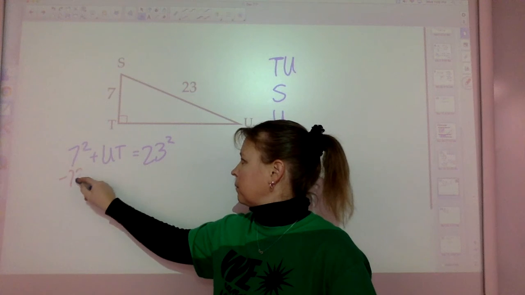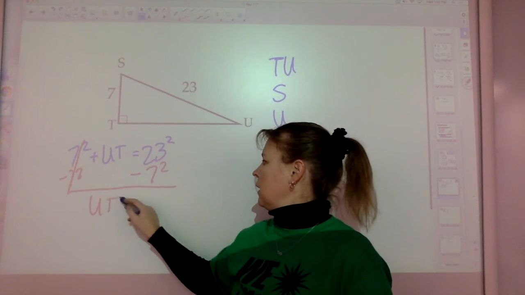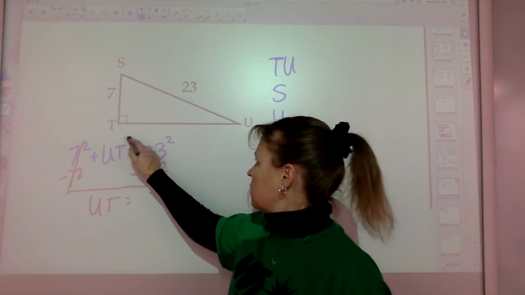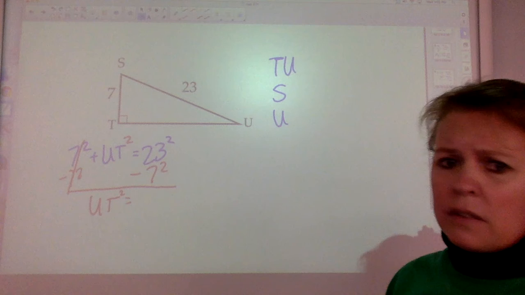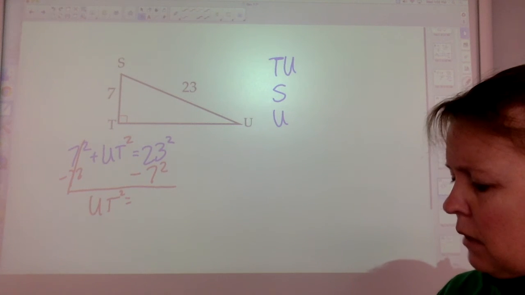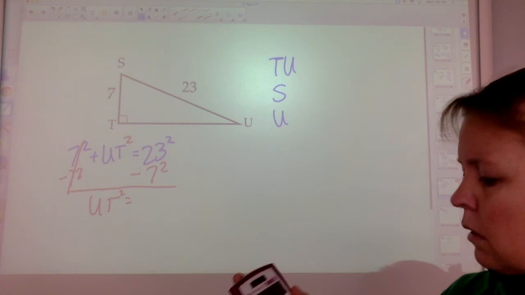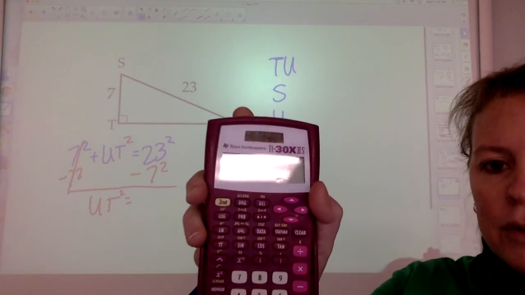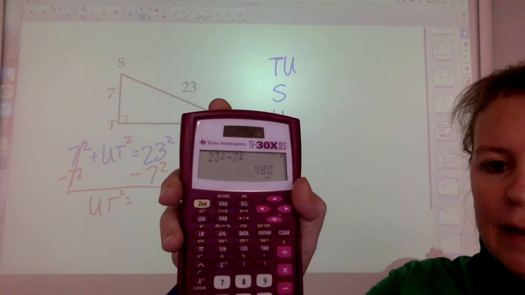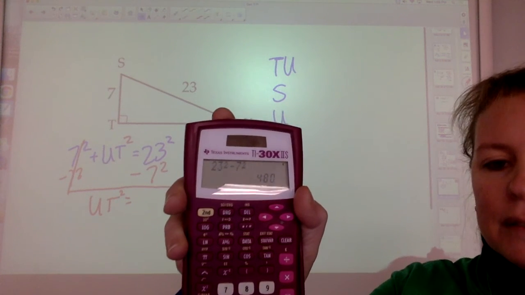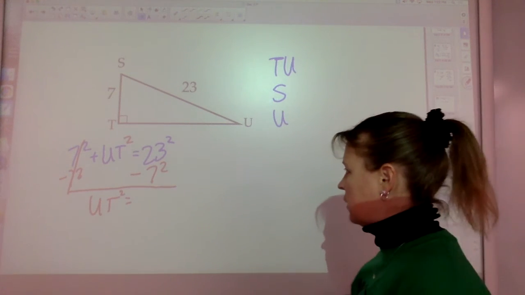23 squared minus 7 squared. UT squared equals. Don't take 23 squared minus 7 squared and call it 16 squared, please. That's against the rules. You'll go to mathematical jail if you do that. 23 squared minus 7 squared is 480. If you took 23 minus 7 squared, you would have gotten like 456.